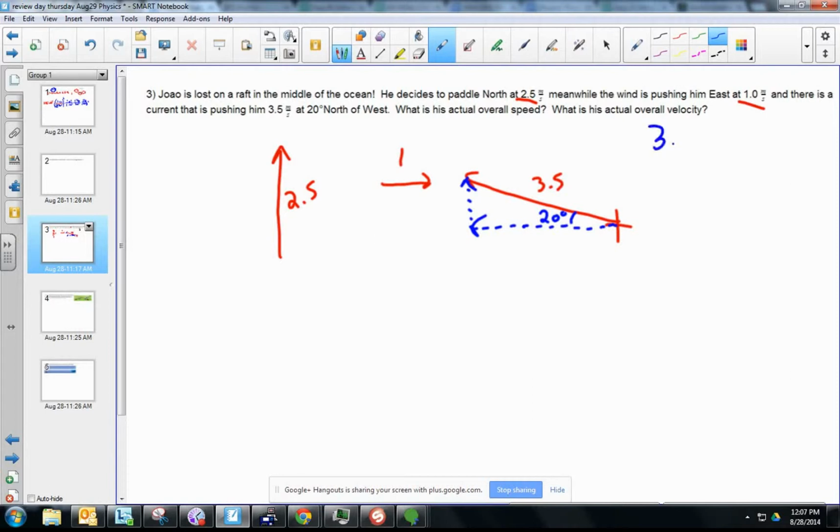Yeah, so it'll be 3.5, and then we do cosine 20 degrees. The other one will be 3.5, and we do sine 20 degrees. 3.3? And then the other one?